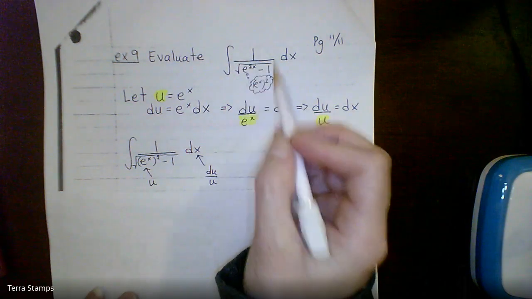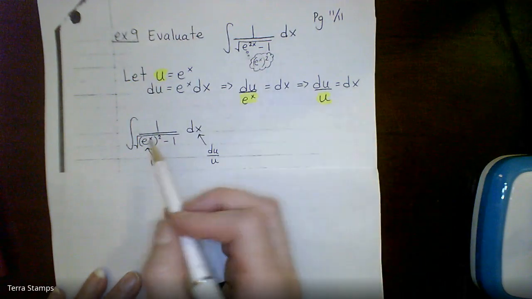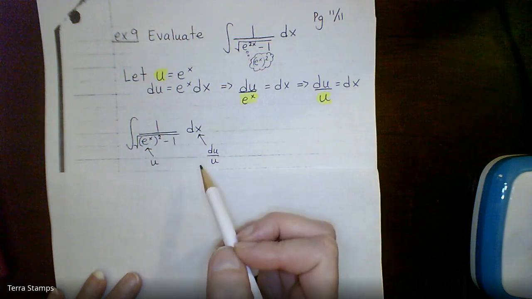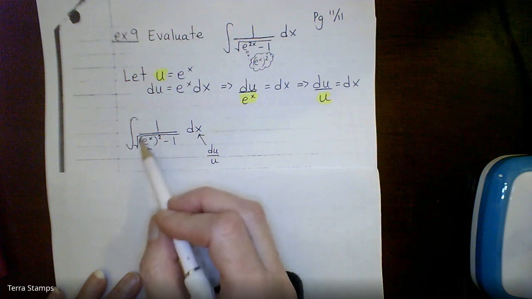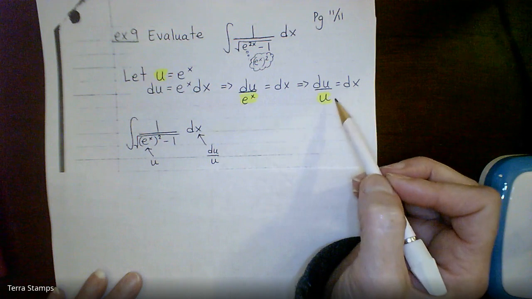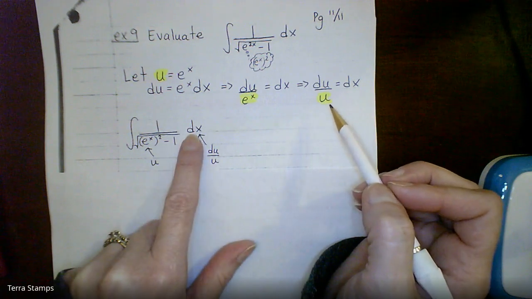Going back to my original integrand, remember I wrote e to the 2x as e to the x quantity squared minus 1. This makes my u into e to the x, and my du over u is going to replace this dx.